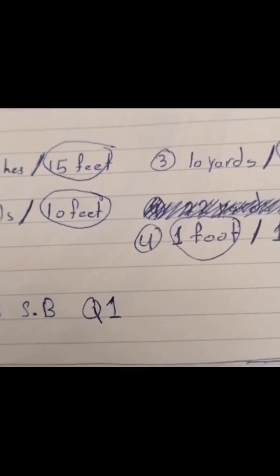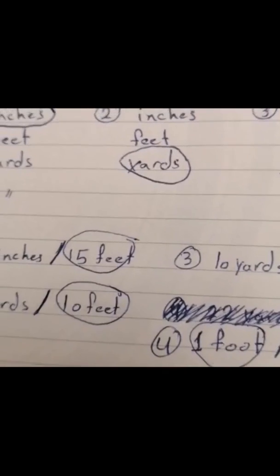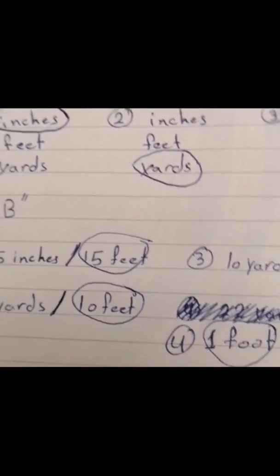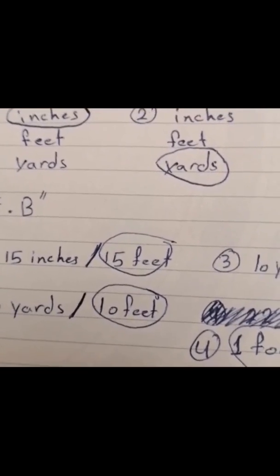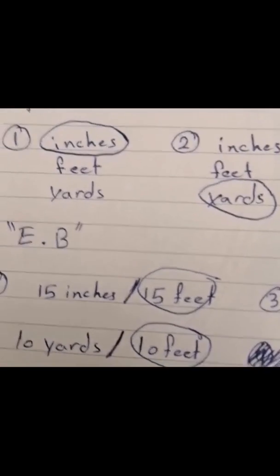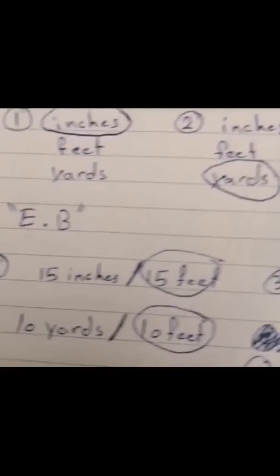Is a backyard a large object or a small object? It's large. So we have to say no, she didn't use the best tool, because a backyard can be large and a larger unit of measure would be better. It should be a yardstick instead of an inch ruler.